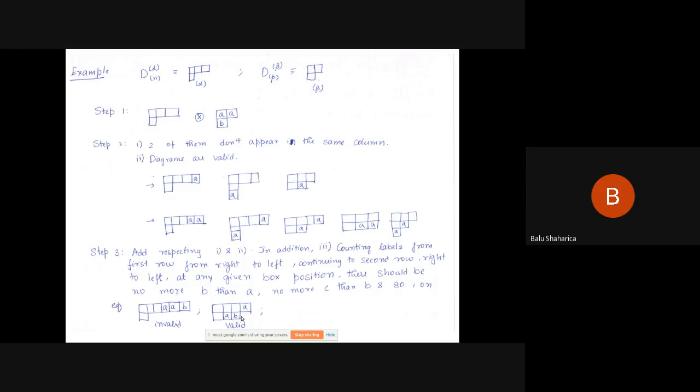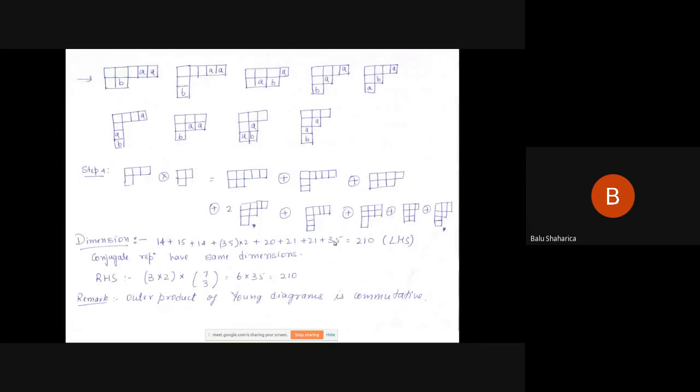And here number of B is 1, A is 1, and here number of A's is 2 and number of B's is 1. So this is valid. So next we put this B in these diagrams following all these three rules.